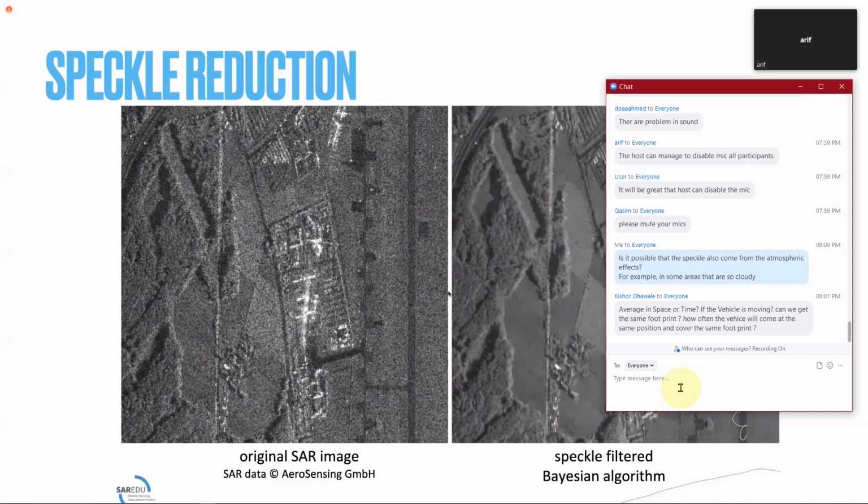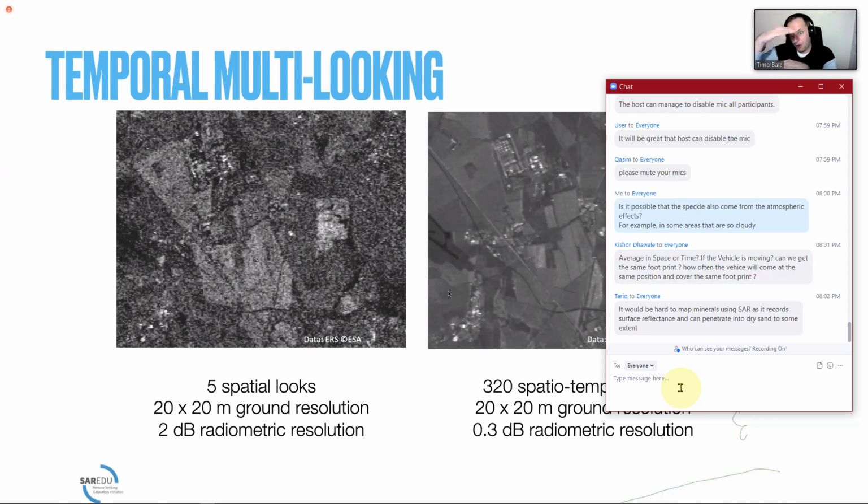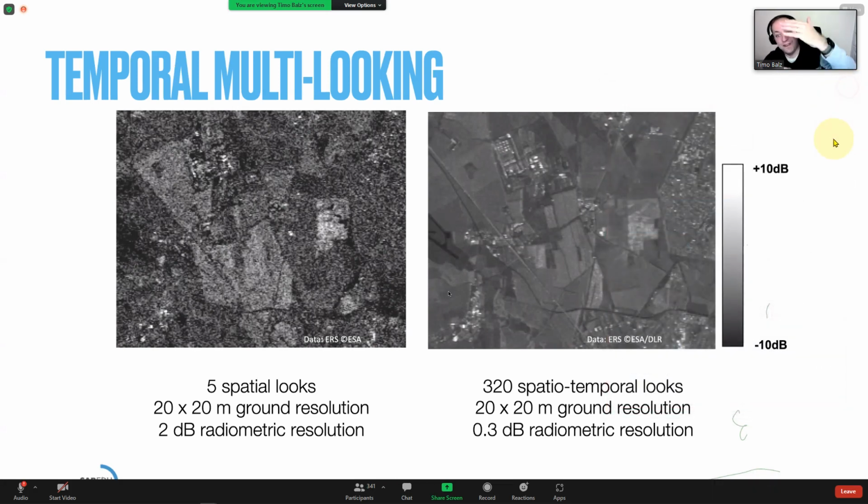Another way to do it is to use temporal multilooking, so to average in time, right? If we have several images and we overlay them, one on top of the other, we can then average each pixel in time. So if we have 50 images and stack them, we can average each pixel through these different images.